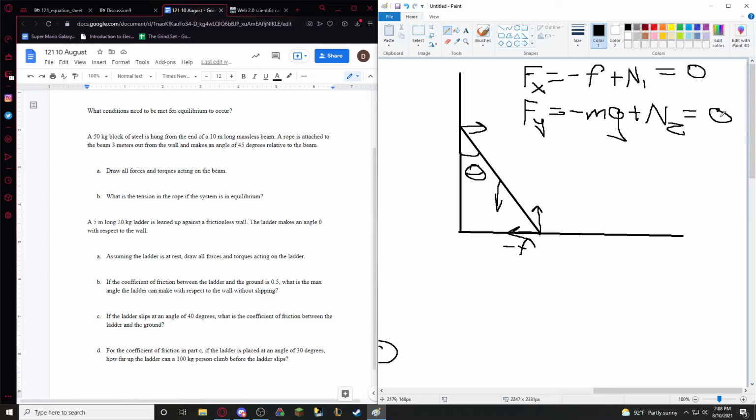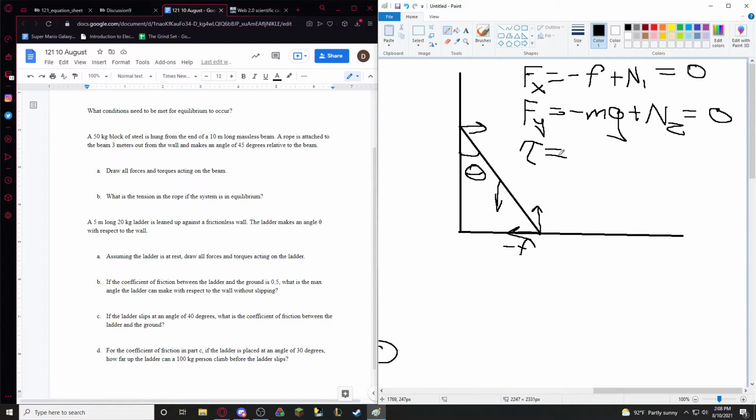Is it where the ladder touches the ground? Yep. Why is that? Because that would make both the friction force and the normal force there 0. Exactly. You usually want to choose your pivot point to be the point where the most forces are acting, because then you can ignore them and we only have to worry about these other 2 forces.